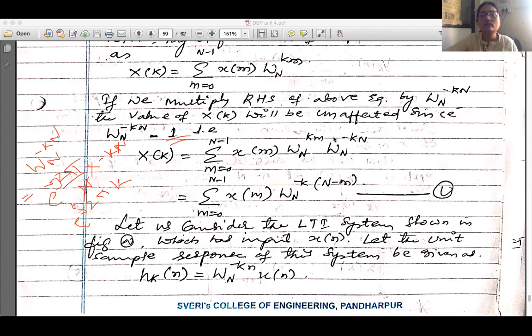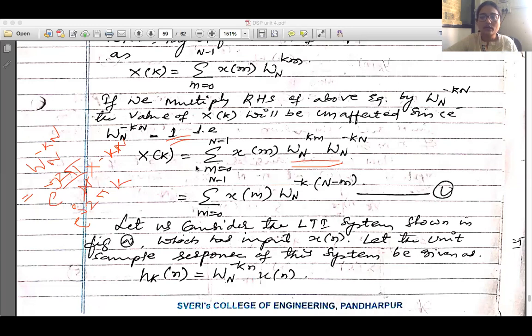So what we have done is multiply the right hand side by W raised to minus kN suffix N. Now from this twiddle factor, the exponential part, we have taken k common. If I take minus k common, what remains in the bracket is N minus m.